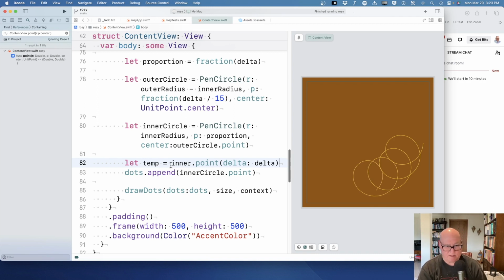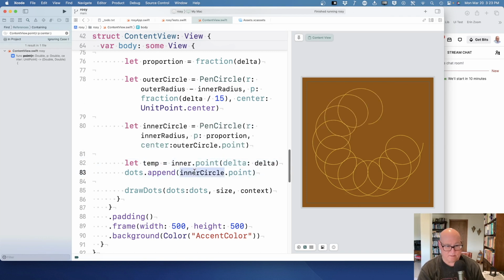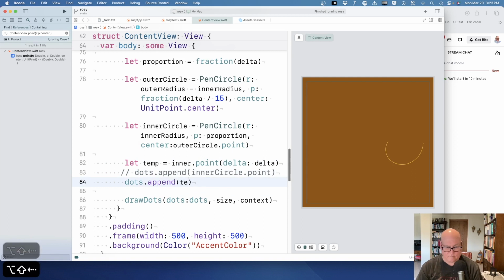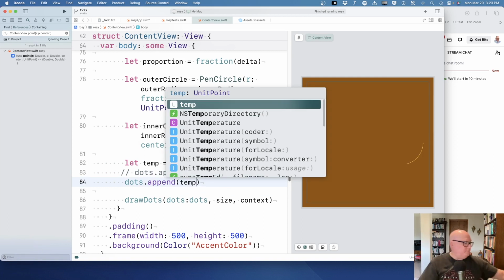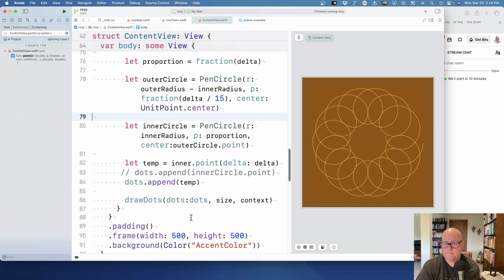Now that should be the same type as inner circle dot point, unit point. All right, let's... Okay, I think we're working.